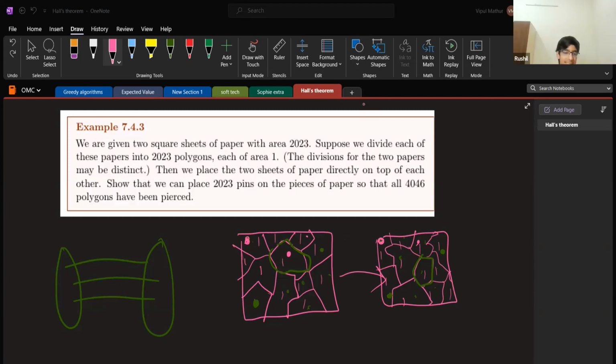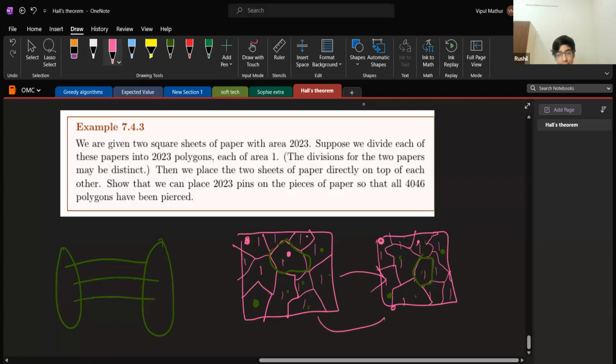Okay, cool. So we're basically trying to pair these 2023 polygons with these 2023 polygons. But we can't pair anything with anything, right? We can't pair this polygon with this one. We have to pair it with either this leftmost one or maybe this one, if you can place a pin right here and that falls right here.